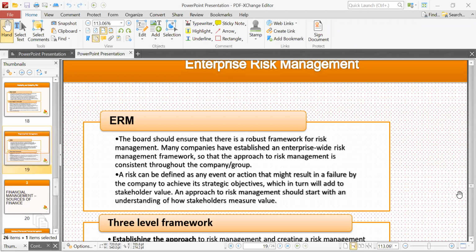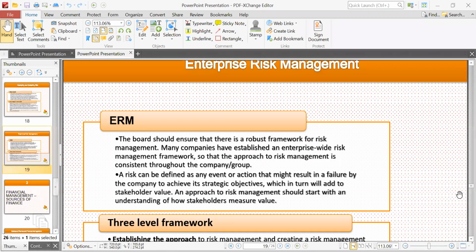So when we talk about enterprise risk management, I'm surprised I didn't even put a definition here, but it's quite simple, right? Enterprise risk management is basically the strategies, methods, or processes that organizations use to manage risk and take advantage of opportunities that will help them achieve their objectives.